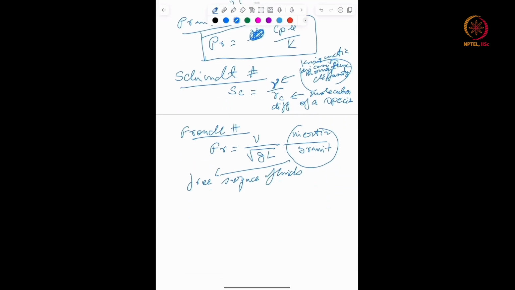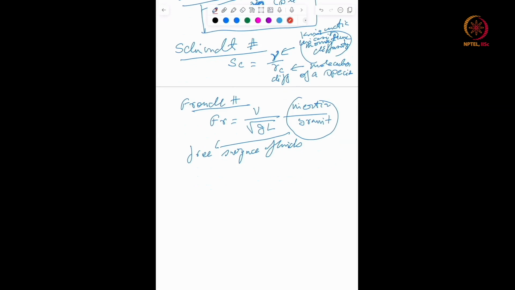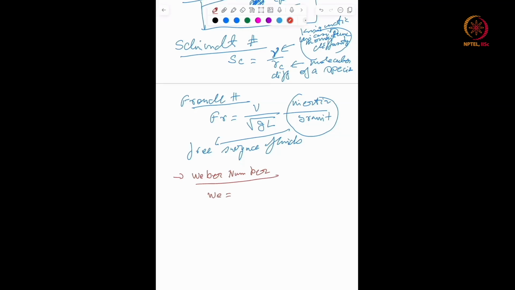Then, of course, you have something called the Weber number. This is also very routinely used in droplet breakup, for example. So the Weber number is rho V square L by sigma. This is the ratio of inertia to surface tension.